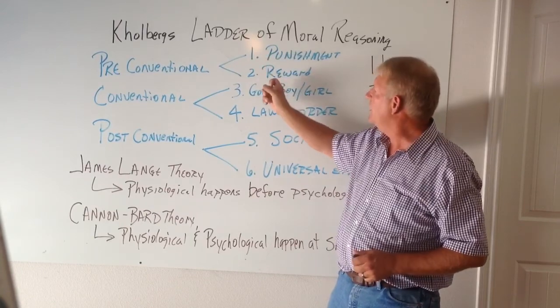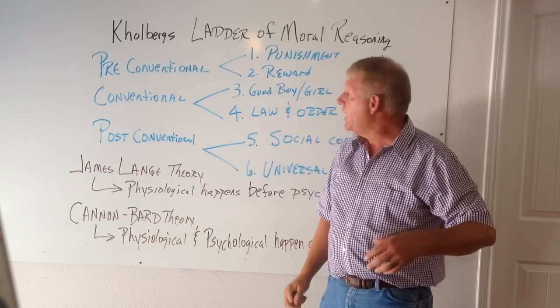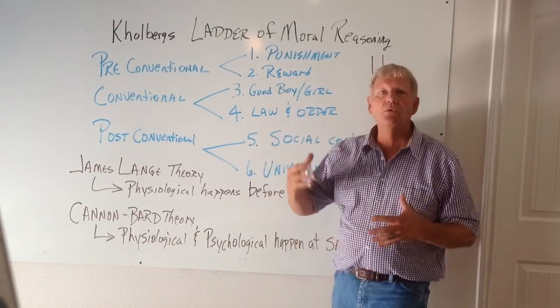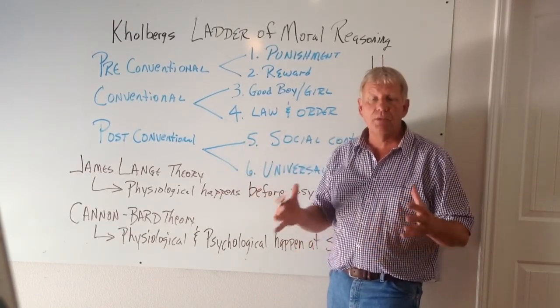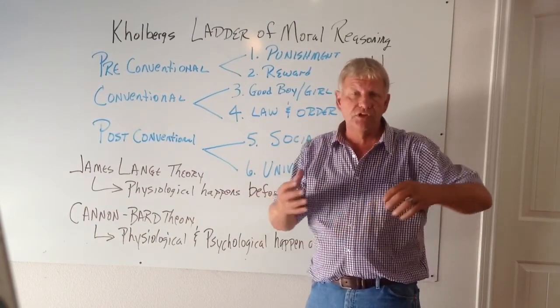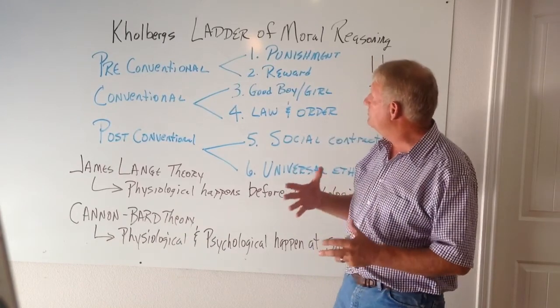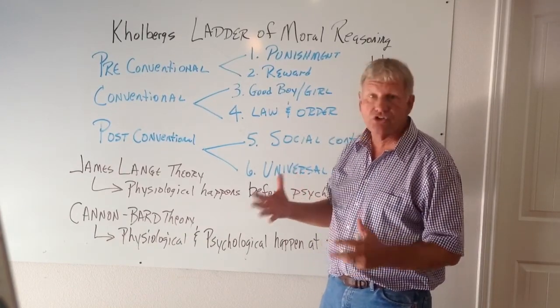Number 2 in pre-conventional is reward. Am I going to be rewarded for doing the right thing? You go to work, you work hard all week, you receive a paycheck. Hopefully your paycheck is the reward. Sometimes that works, sometimes that doesn't.